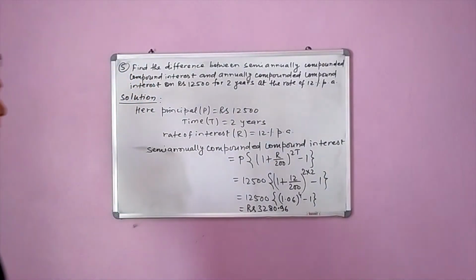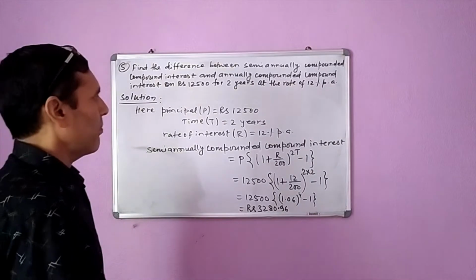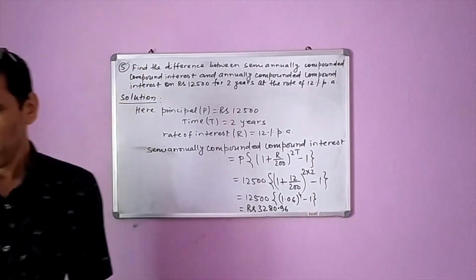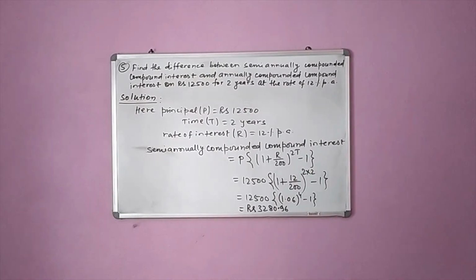Similarly, we find the annually compounded compound interest also for the same principal, same time, same rate, and then we find the difference.